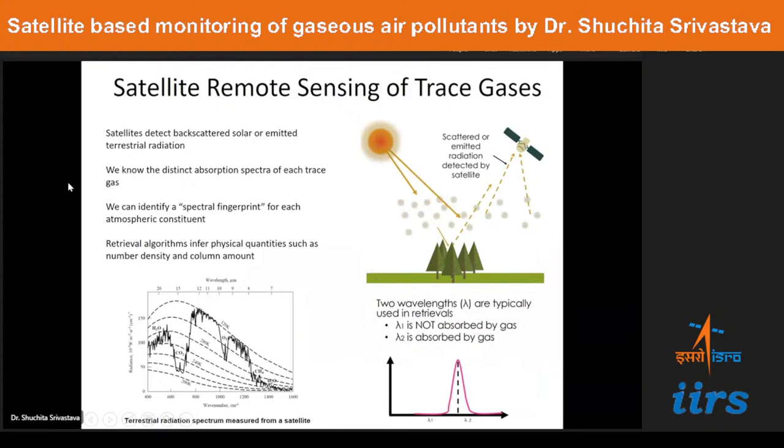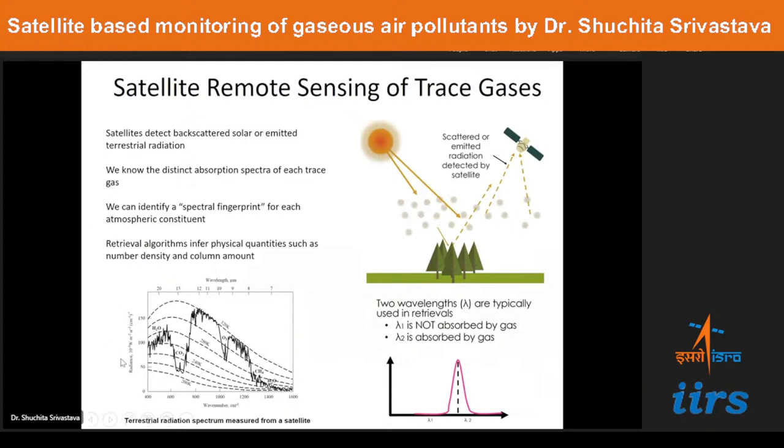And we know the distinct absorption spectra of each trace gas, correct? Like we already know that CO absorbs at 4.7 micrometer. We know that ozone absorbs at 9.6 micrometer. So we know the absorption bands of different gases.